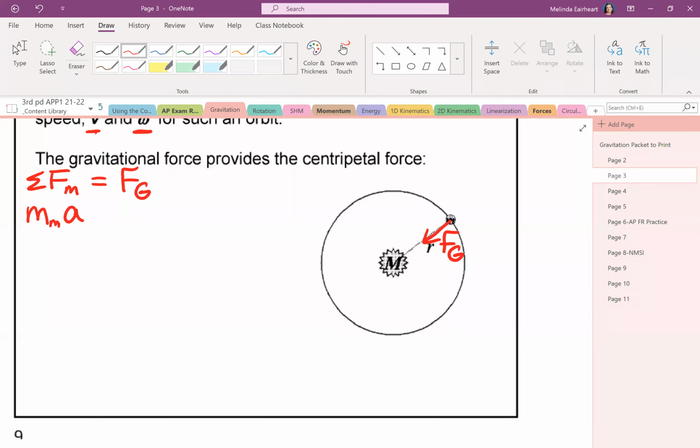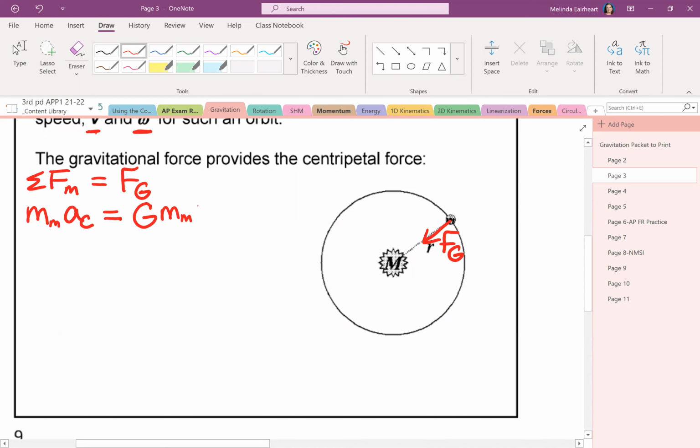If it moves in a circle and gravity is center seeking, then it has centripetal acceleration. Yeah, it could still be an acceleration due to gravity, like we said before, but here we're going to take that centripetal acceleration approach. And then our new equation, F, big G, is our big G constant times little m.